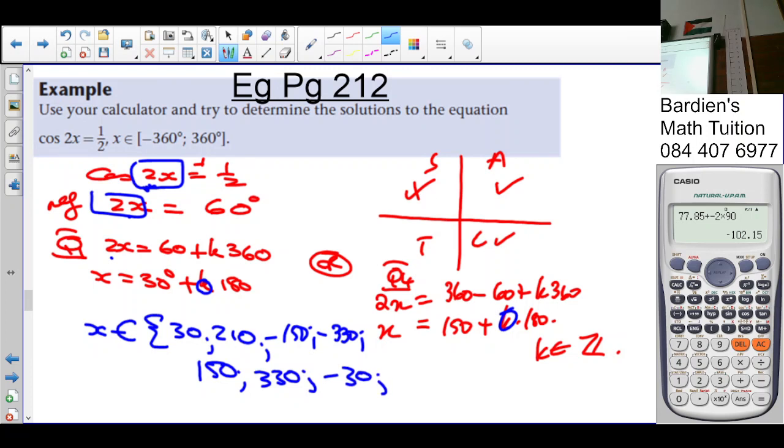Put negative 2 in. So it's 150 plus negative 2 times 180. It's negative 210. Put negative 3 in, definitely outside.